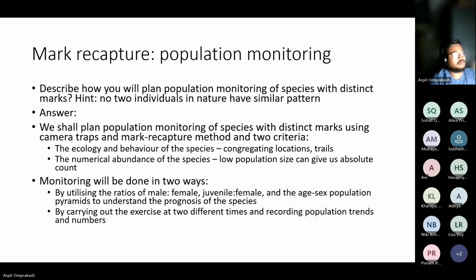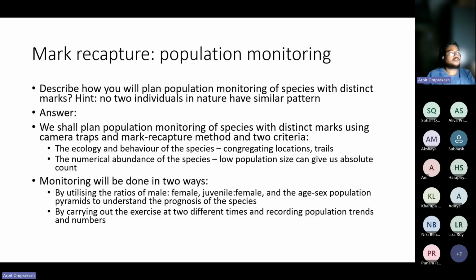In that case, it makes our mark recapture protocol slightly easier because we don't need to capture individuals and mark them. They are already marked for us since we can identify them individually. What we need to do is go to some place, take a few photos, then go there again some other time and take a few photos and compare if we are getting the same individuals or different individuals.